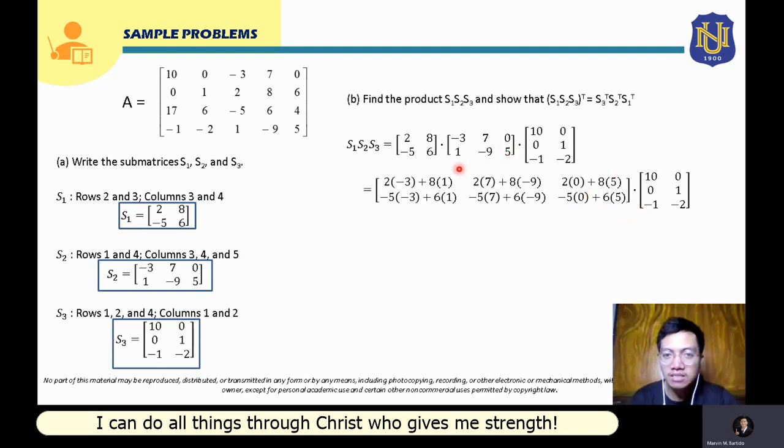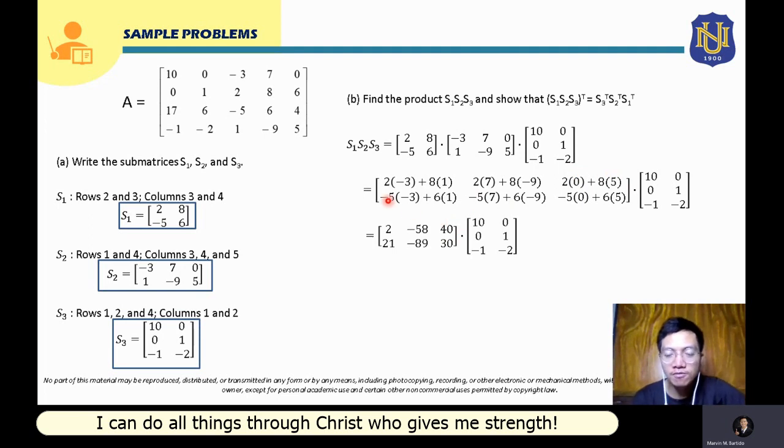Simplifying this, we will multiply it further to the third submatrix. 2 times negative 3 plus 8 will be 2. Then 2 times 7 plus 8 times negative 9 will be negative 58. Then 2 times 0 plus 8 times 5 will be 40.